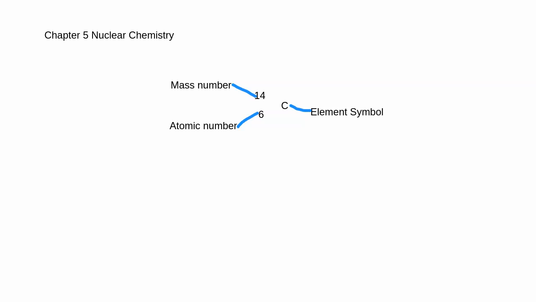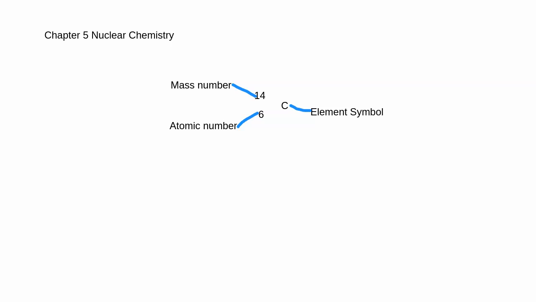When I do the math, 24 equals 4 plus x. X in this case is 20. And 11 equals 2 plus x. X in this case is 9. Atomic number 9 is represented by the symbol F. And so my new radioisotope would be fluorine 20.